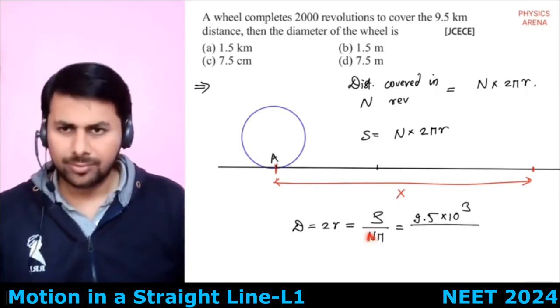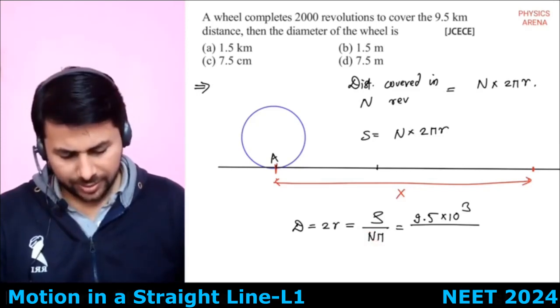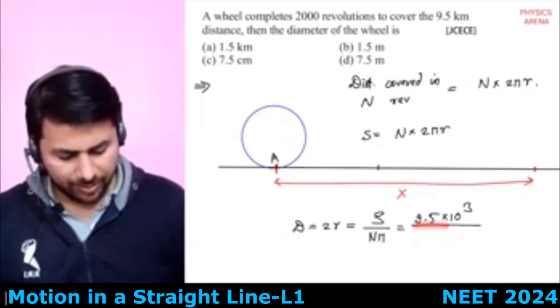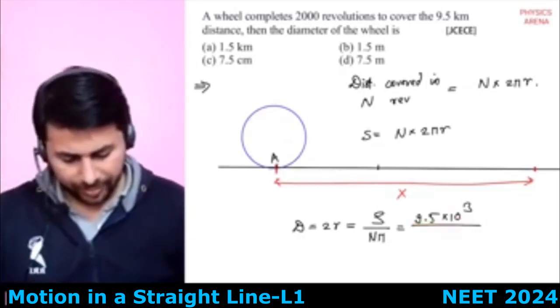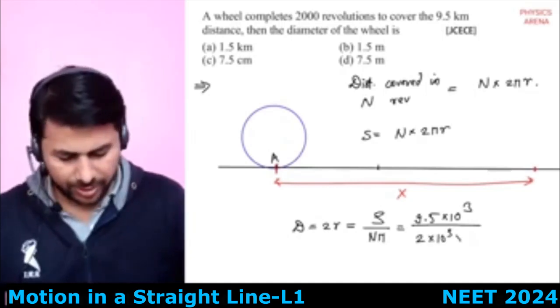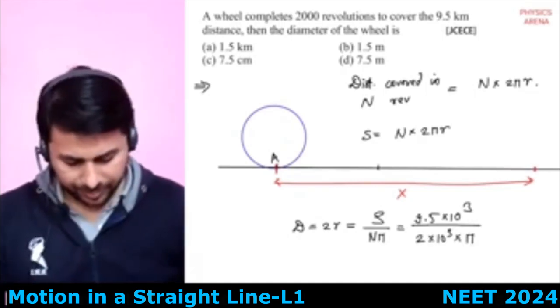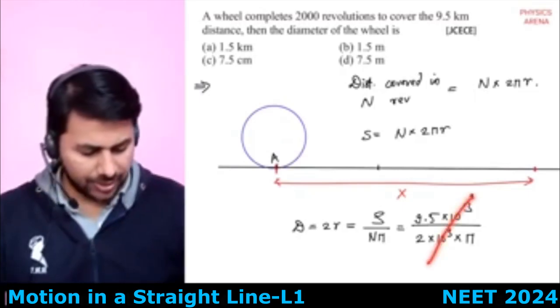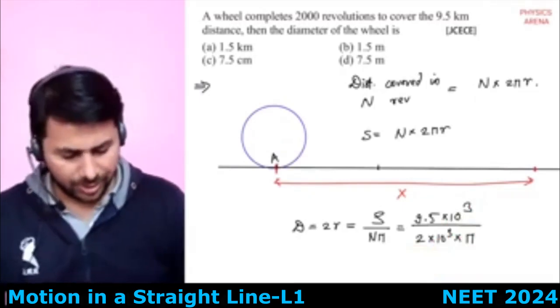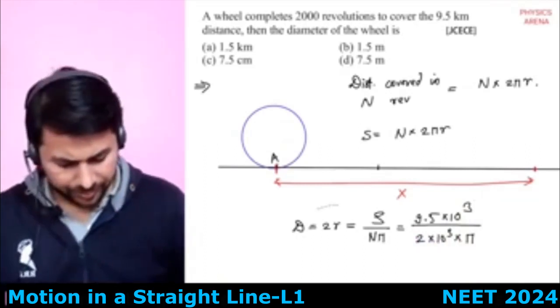because we have option D, you said. Okay, let's check. 9.5 multiplied by 10 raised to 3, and this is 2000. Okay, or 2 multiplied by 10 raised to 3 multiplied by pi. Okay, 10 raised to 3 and 10 raised to 3 gets cancelled. This is 3.14 times 2 is 6.28.